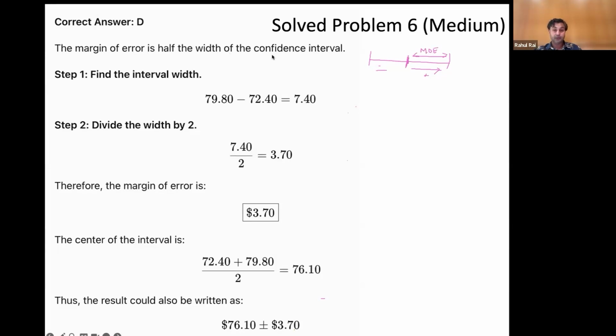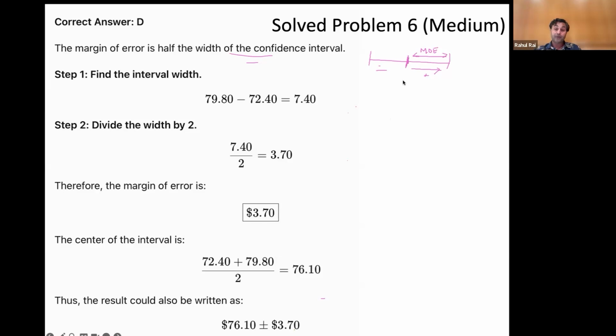So we will find the interval width by taking the maximum value and subtracting the lower value of the interval, which is 7.4, divide that by 2, which is 3.7. So the margin of error is going to be this.